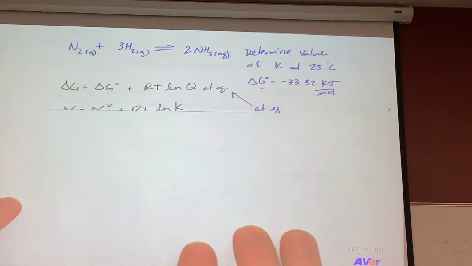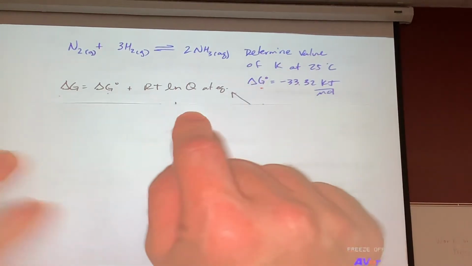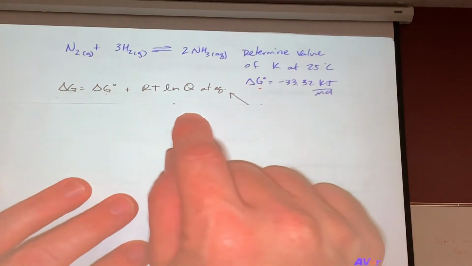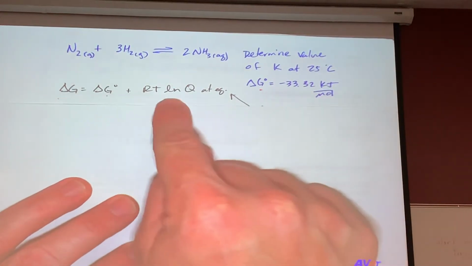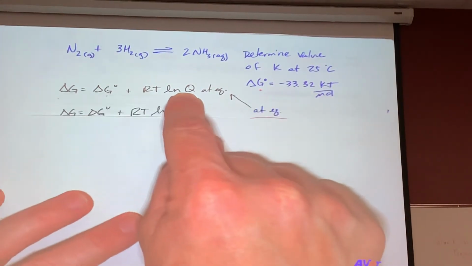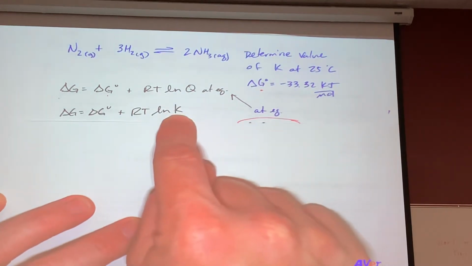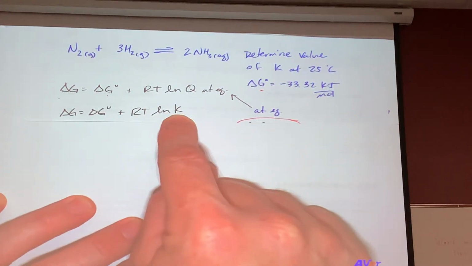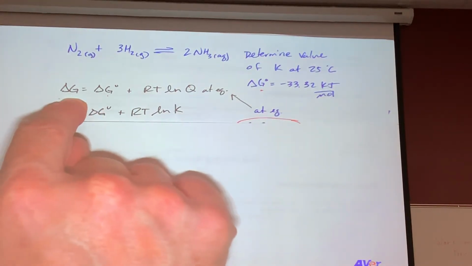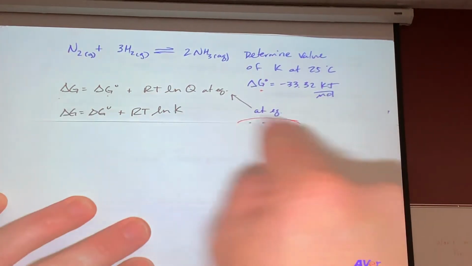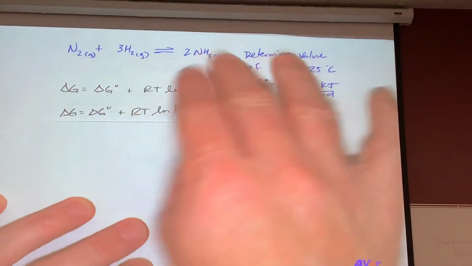So on the previous problem, just to walk you through the process again. In answer to the question, all of the terms that go across, at equilibrium, someone mentioned this Q is equal to K. So you can just drop the K in right there. At equilibrium, delta G is equal to 0. So you're at equilibrium, Q is equal to K, delta G is 0.